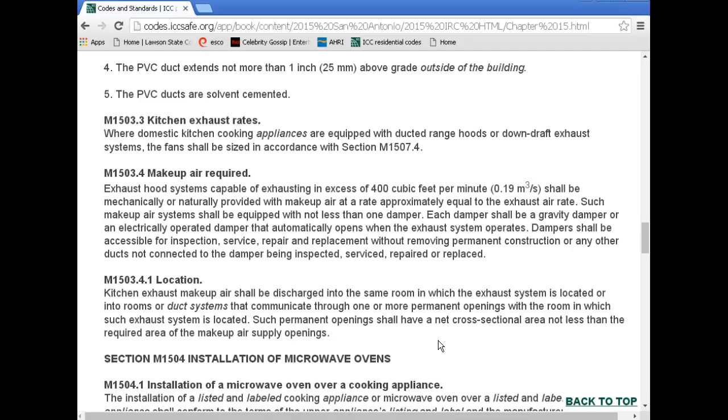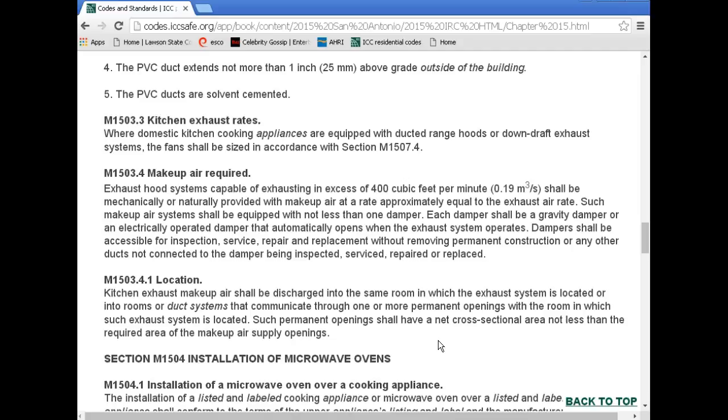Such makeup air system shall be equipped with not less than one damper. Each damper shall be a gravity damper or an electrically operated damper that automatically opens when the exhaust system operates. Dampers shall be accessible for inspection, service, repair, and replacement without the removal of permanent construction or any other ducts not connected to the damper being inspected, serviced, repaired, or replaced.